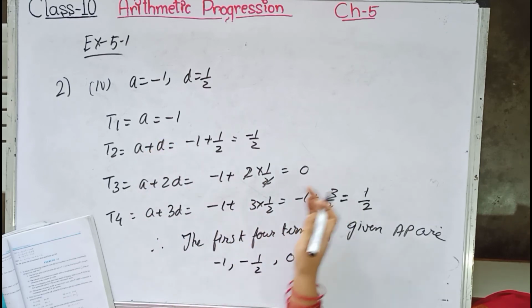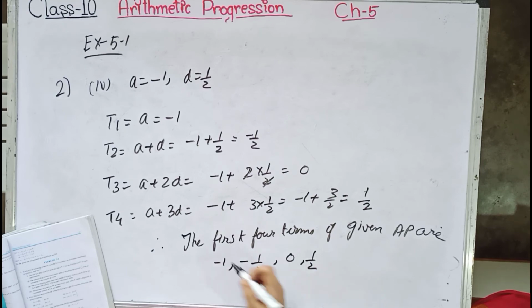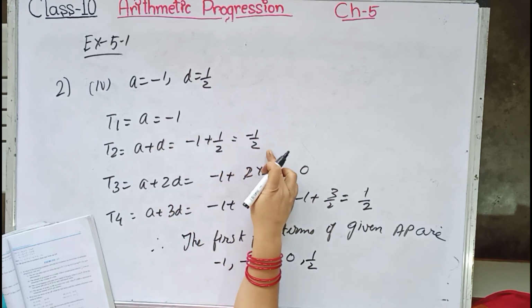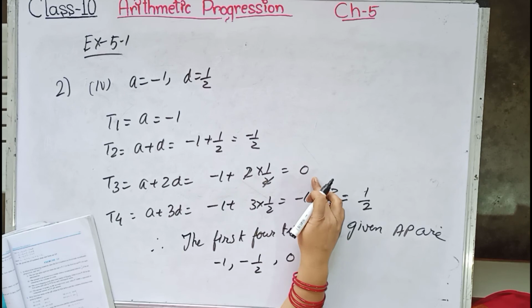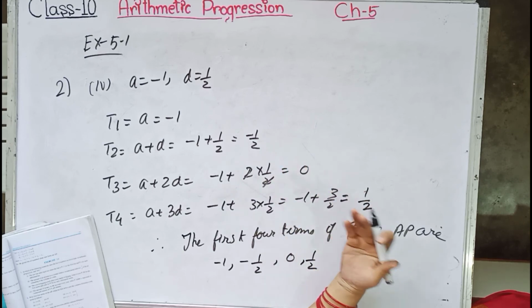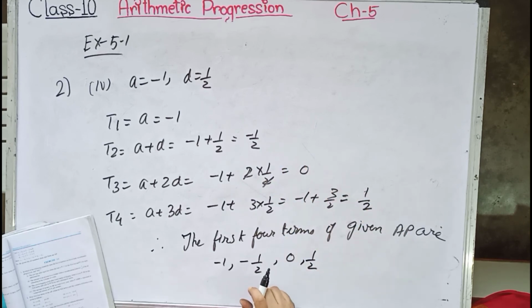So you can see also the difference is increasing by 1 by 2. -1 plus 1 by 2 is minus half. Minus half plus half is 0, and 0 plus half is half. Similarly, you do the rest of the questions of question number 2.